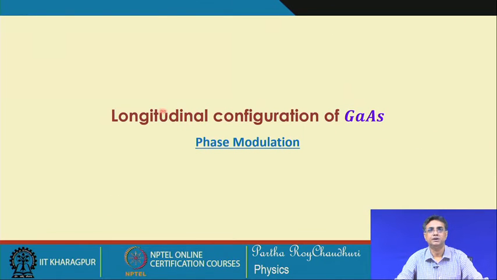Therefore, for longitudinal configuration, we will first take up the phase modulation. As we will remember, for phase modulation we will have to launch the light into the crystal with its polarization axis along one of the new eigen axes, that is x dash or y dash, and light will be propagating along the z direction.